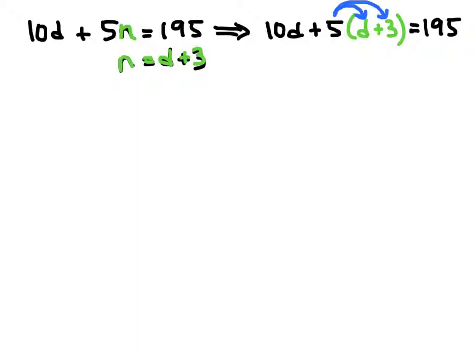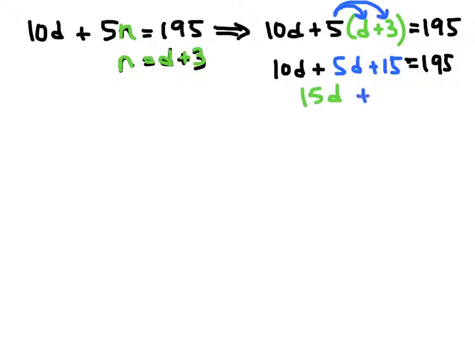So that will leave us with 10d plus 5d plus 15 equals 195. I will then combine my like terms, 10d plus 5d, to give me 15d plus 15 to equal 195.